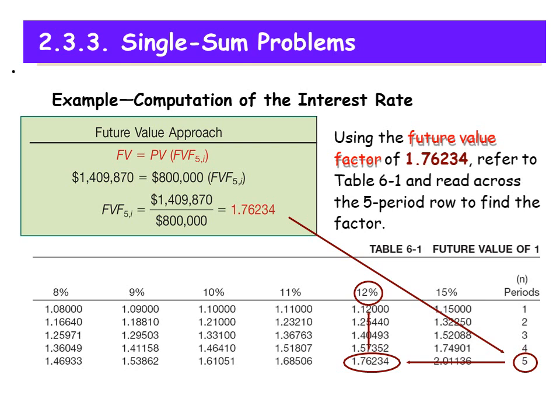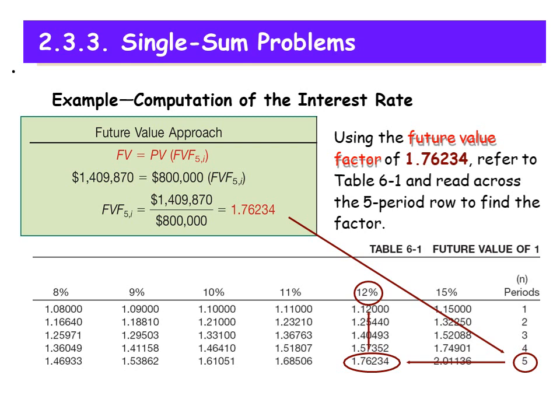In the formula also we can get 12%, that is 12.001. By using the formula, present value or future value equals present value in the bracket 1 plus I to the power of n. Then we have the future value, we have the present value, we have n.